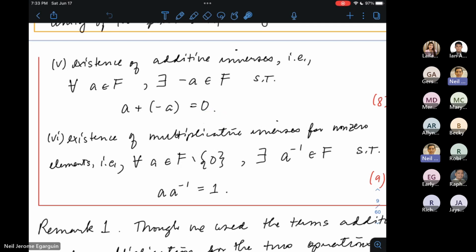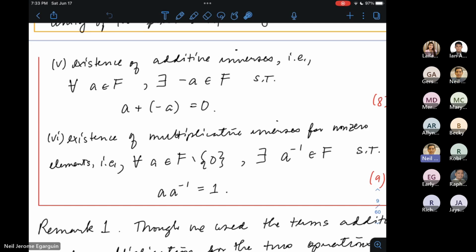So the question is, if I give you a number and I ask you to get its additive inverse, you need to look for what is the number that should be added to A to get 0 back, right? So yun yung pagkakaroon ng additive inverse. At ang requirement dito, lahat dapat ng elements ni F may additive inverse.